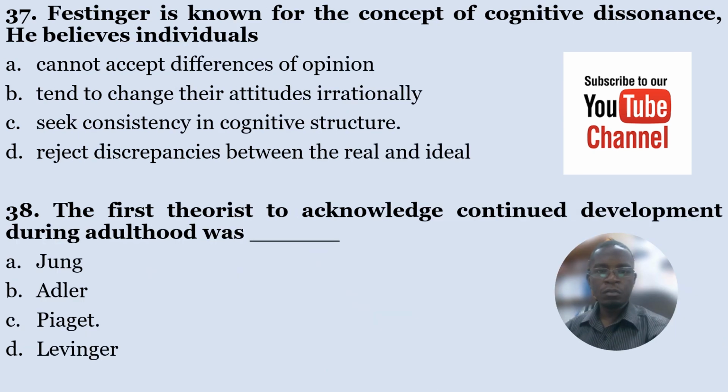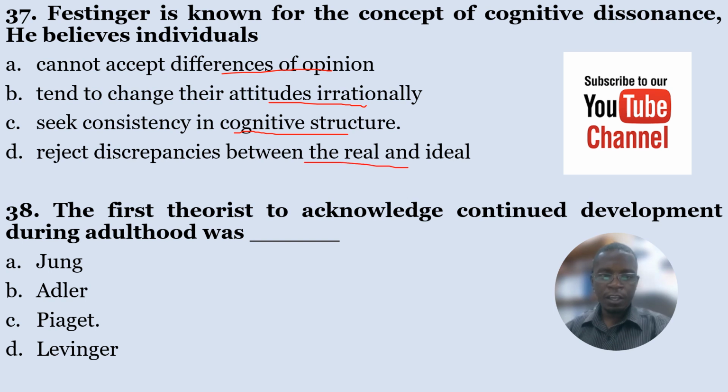Festinger is known for the concept of cognitive dissonance. He believes that individuals A. cannot accept differences in opinion, B. tend to change their attitudes irrationally, C. see consistency in cognitive structure, D. reject discrepancies between real and ideal.